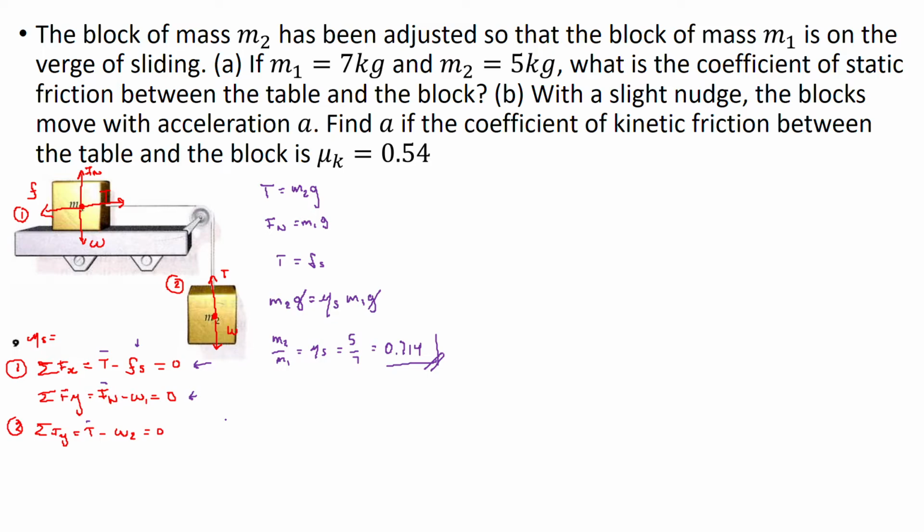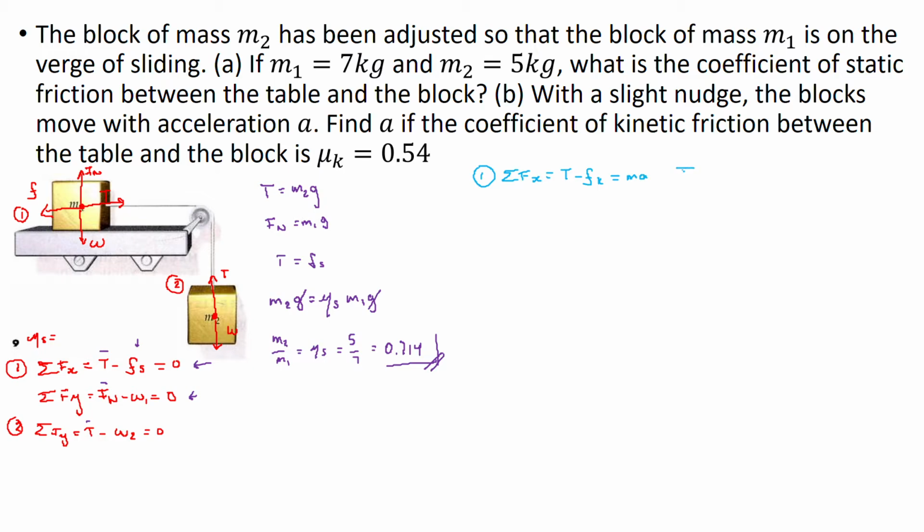Now for part B, we need to find the acceleration with which the blocks move. So we need to redefine our equations. Basically they're the same, but as the object is going to move, it's going to be equal to mass times acceleration. So the sum of all the forces in x is once again the tension minus the kinetic friction force, sorry, not static, and this is going to be equal to mass times acceleration because this thing is moving.